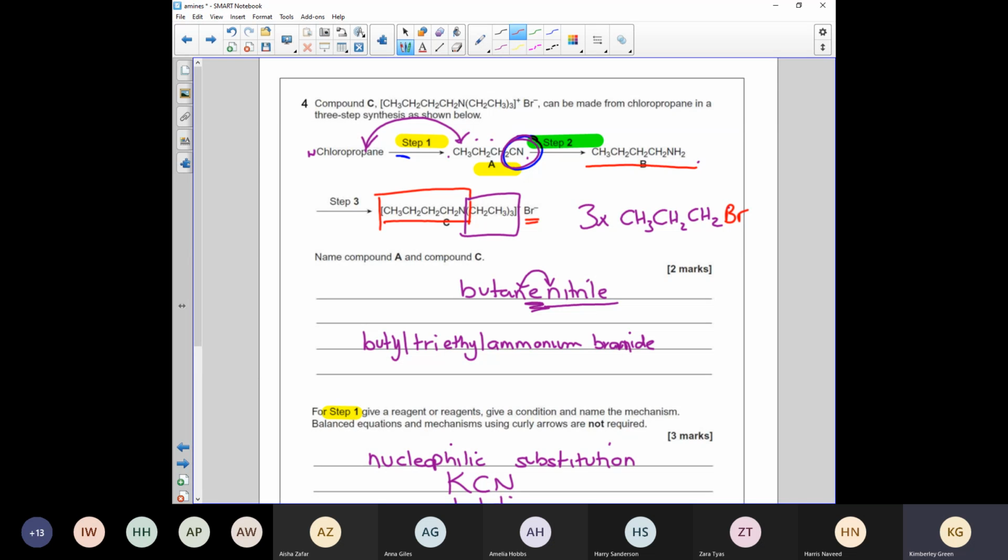Remember what I said with this: when you do further substitutions with a nucleophilic substitution, each one of those hydrogens has been swapped for this R group. And then at the end, that lone pair on nitrogen has continued to react and form that quaternary ammonium salt again.